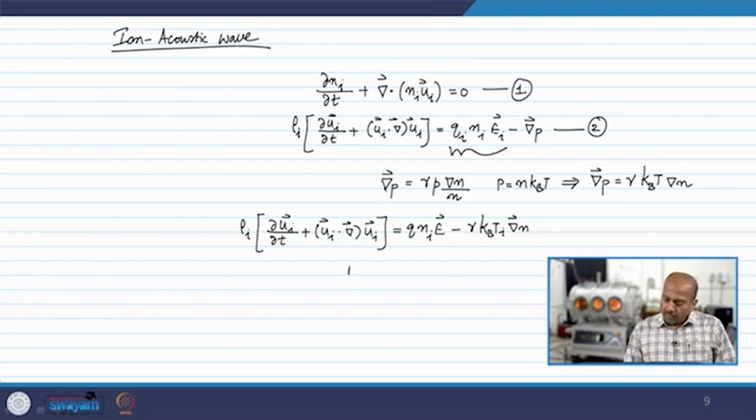We can write the electric field E as the gradient of the potential.